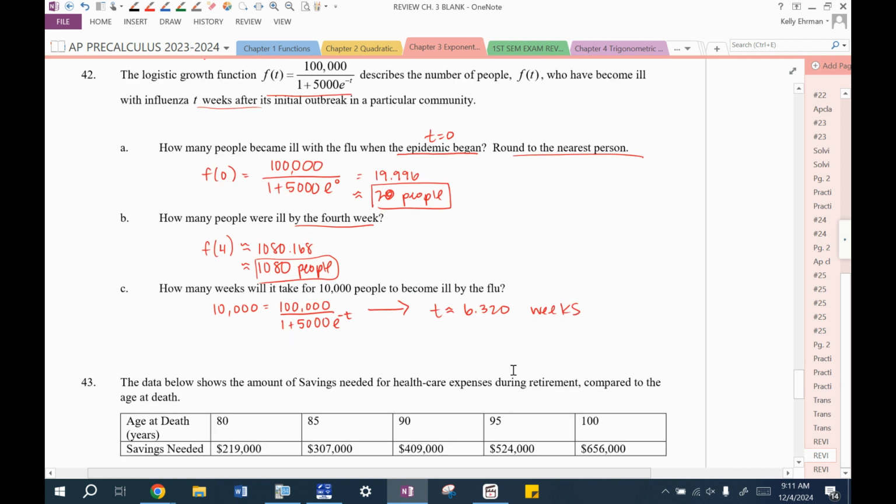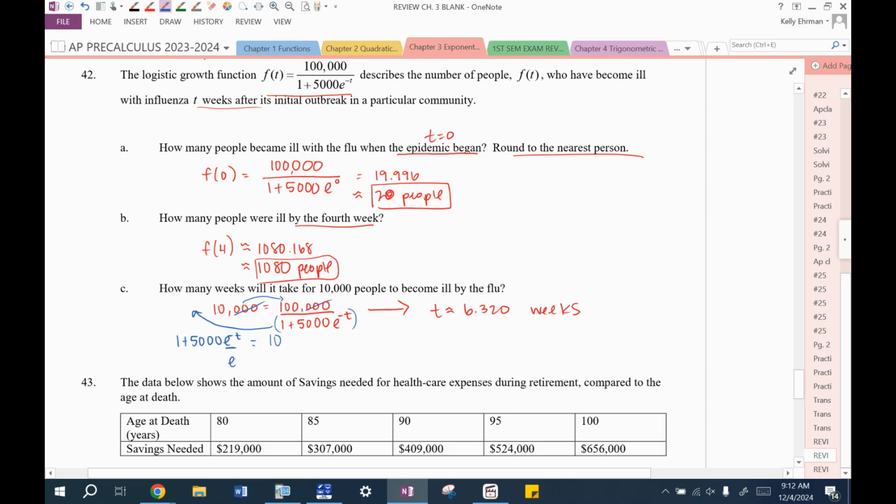If you want to solve this one algebraically, you need to get this out of the denominator, multiply it over to this side, and turn around. Don't distribute the 10,000. Turn around and divide it over here. So what's 100,000 divided by 10,000? So 100, so the thousands can come off. 100 divided by 10 is 10.